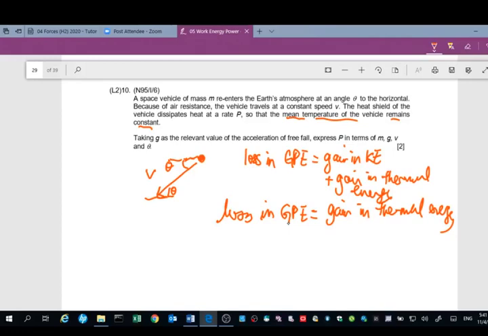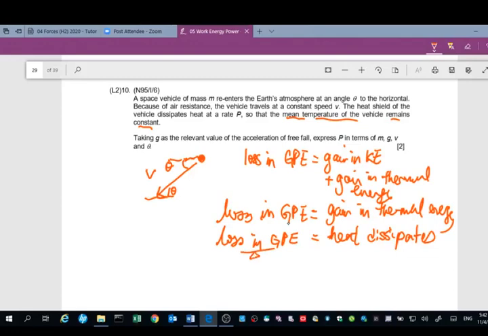So this gain in thermal energy is the same as the thermal energy dissipated. It means the heat energy is given out to the environment, to the atmosphere itself. Whatever thermal energy it gains from the friction is given back to the atmosphere. So our loss in GPE is equivalent to the heat dissipated. If you divide both sides by time, it will give you the rate.